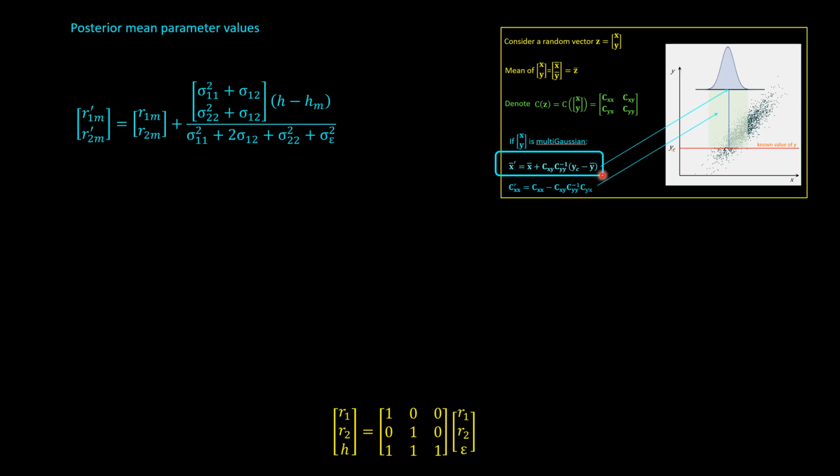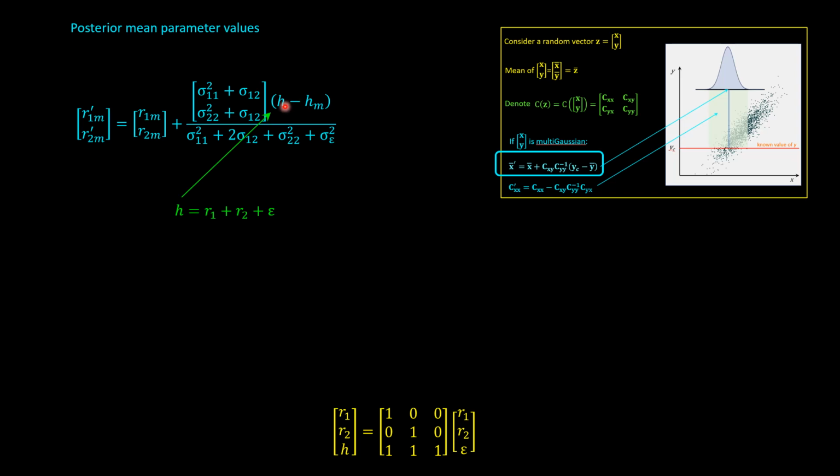If we apply that equation here, the blue one with the rectangle around it, to the equation on the previous slide, this is what we obtain for the posterior mean values of R1 and R2, our two resistance parameters. Now, just to make things a little bit clearer, let's make some substitutions.